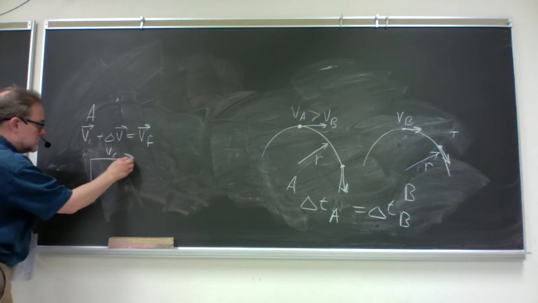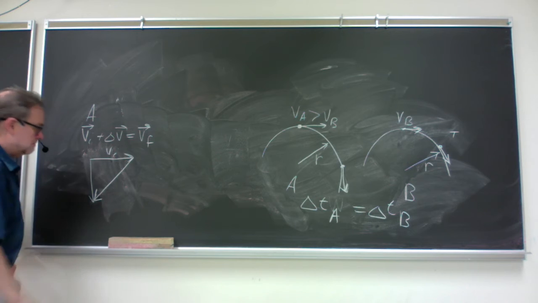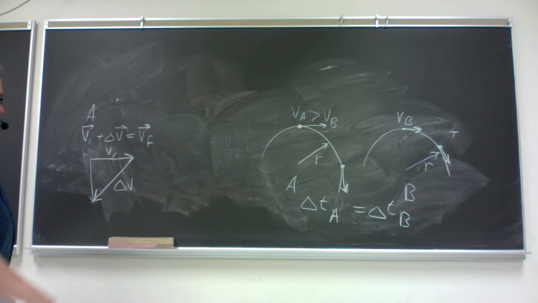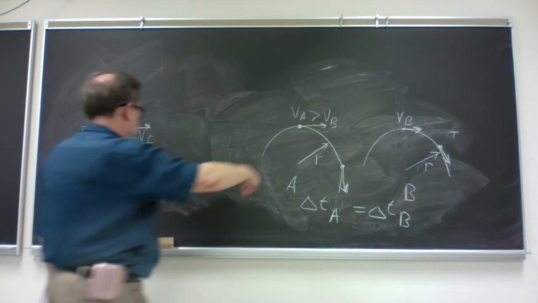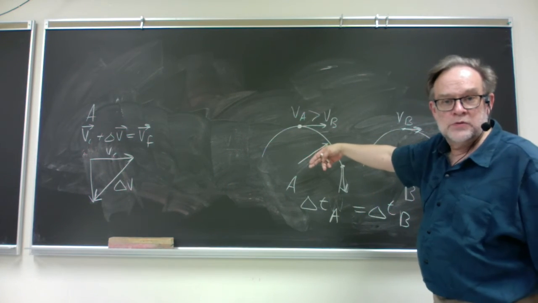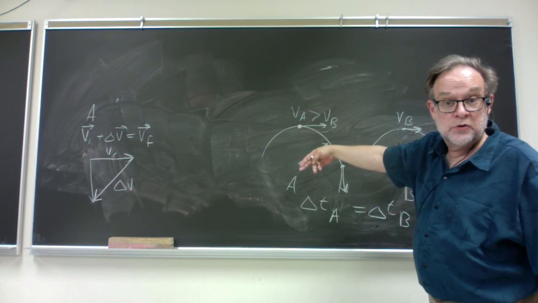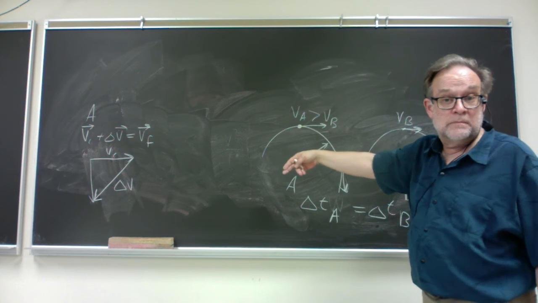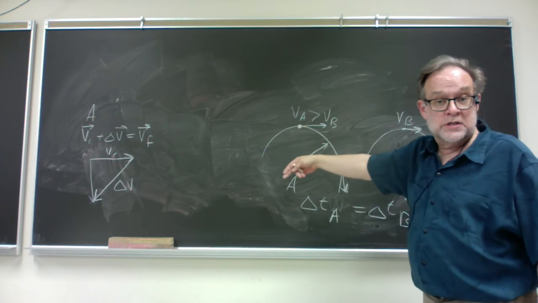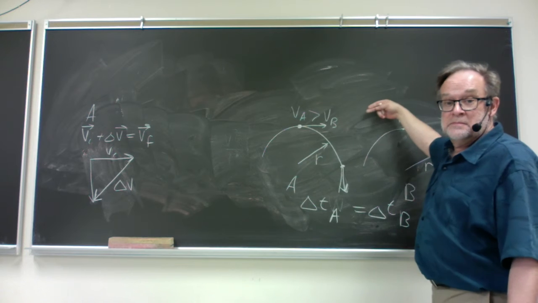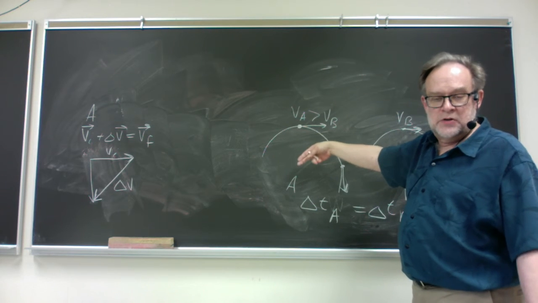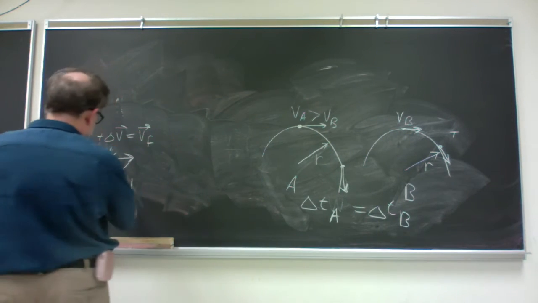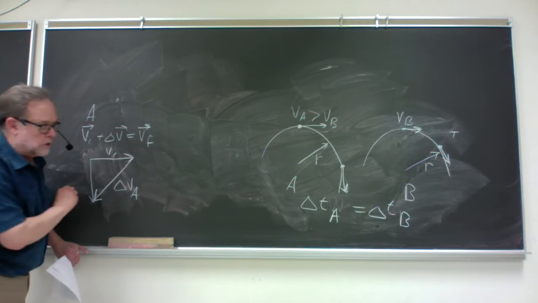Well, it had to have been a velocity like that. And notice again, that delta V is in this direction. In other words, it's pointing in towards the center of the circular path again. Delta V points the same way as acceleration, acceleration points the same way as the net force. And there's a net force pointing in towards the center of the circle because it's moving in circular motion. So this is delta V for car A.